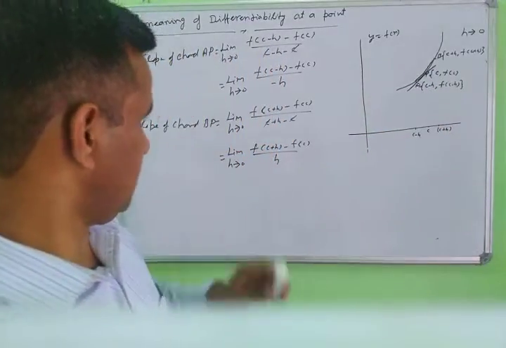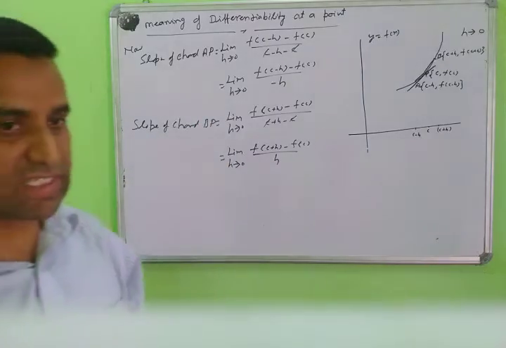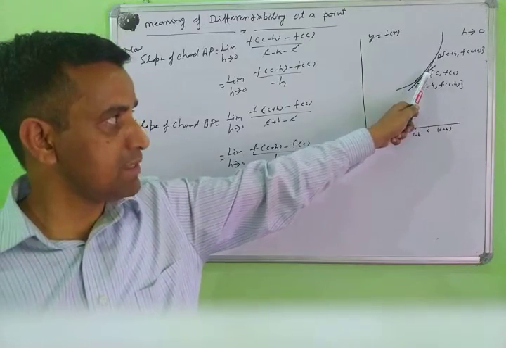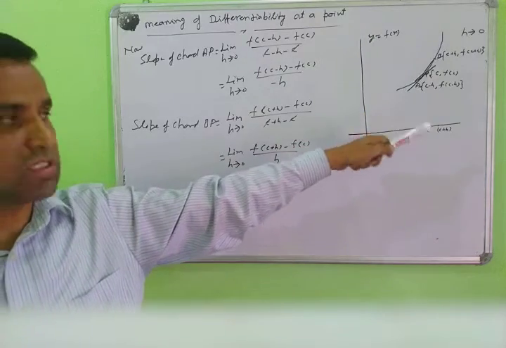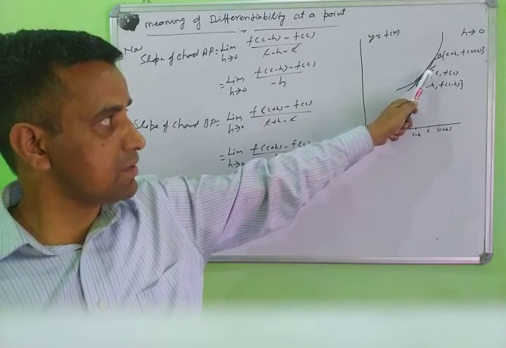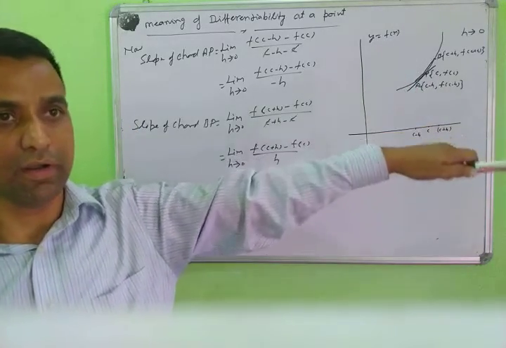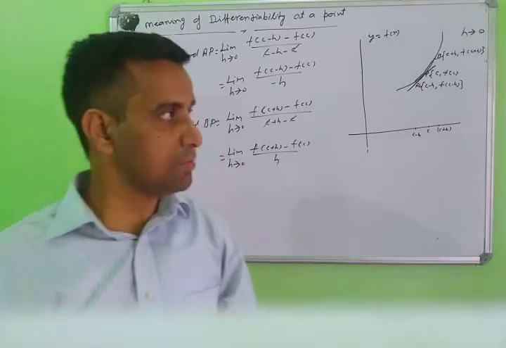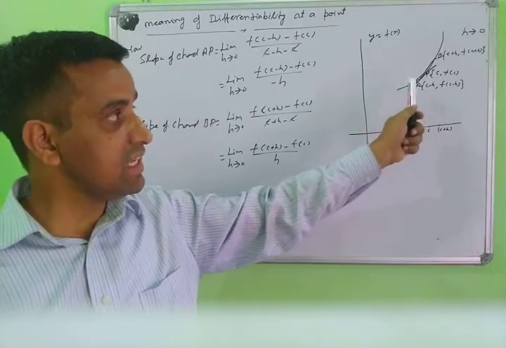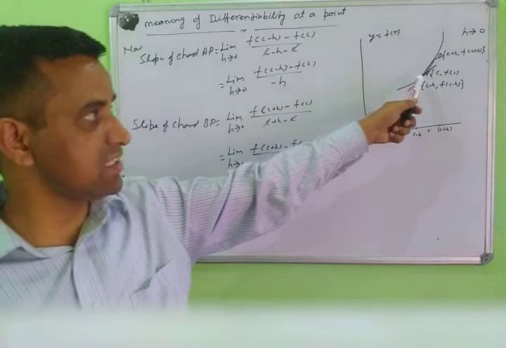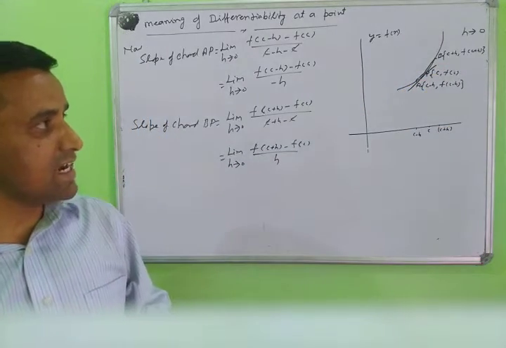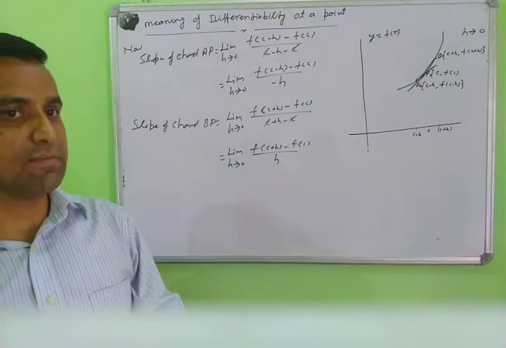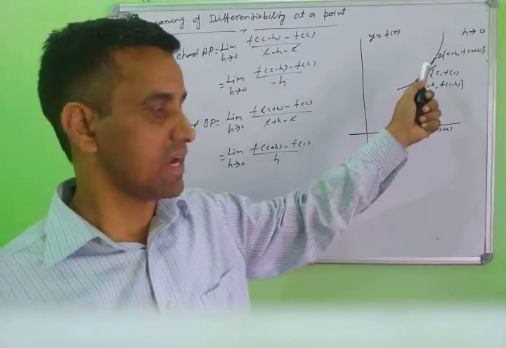And so now both slopes are equal, then you can say the slope of the tangent at point P, which is the limiting position of the chord drawn on the left hand side of point P, is the same as the slope of the tangent at point P on the right hand side, which is the limiting position of the chord drawn on the right hand side.